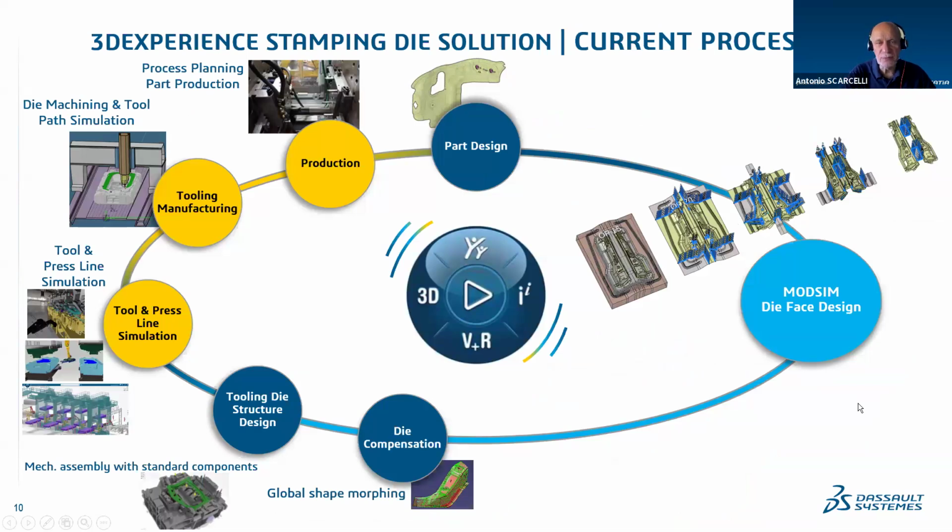So this is the full process that we are able to cover with our roles, functions, and so on. First, we are able to do the part design. This is nothing new. We have been doing that for many years with GSD and so on. Any application to define the shape of your car, to define the shape of any part of your car.